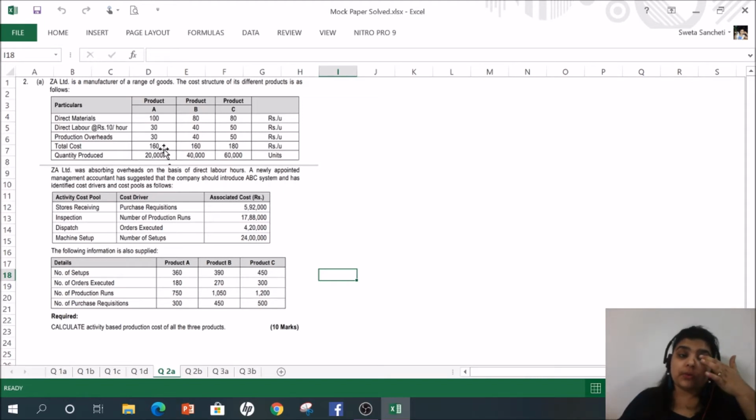Now production overheads also 30, 40 and 50. Now total cost 160 and 180 per unit. Quantity produced 20,000, 40,000 and 60,000. ZA Limited was absorbing overheads on the basis of direct labor hours.